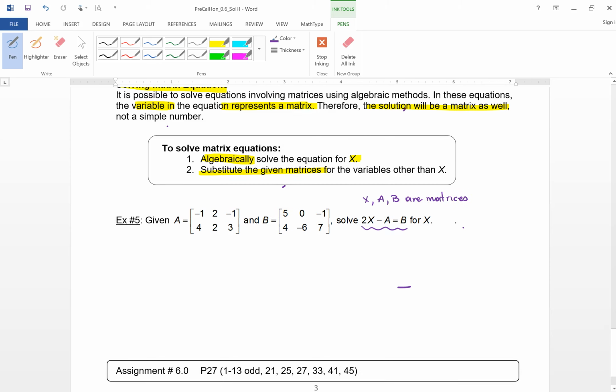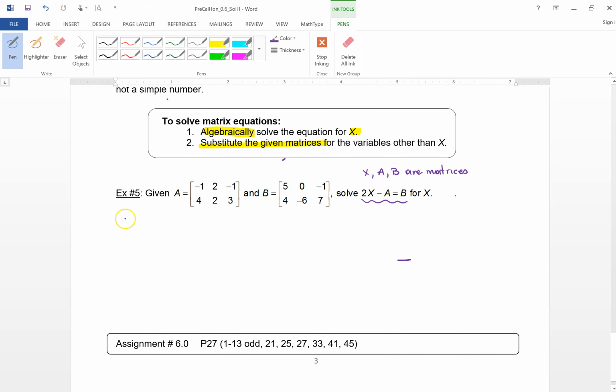So first, I'm just going to solve this like an algebraic equation. 2X minus A is equal to B. 2X is equal to A plus B. So X, this is a capital X by the way, is equal to half times A plus B. Okay? So that's step 1. Step 2, I just put in my matrices.